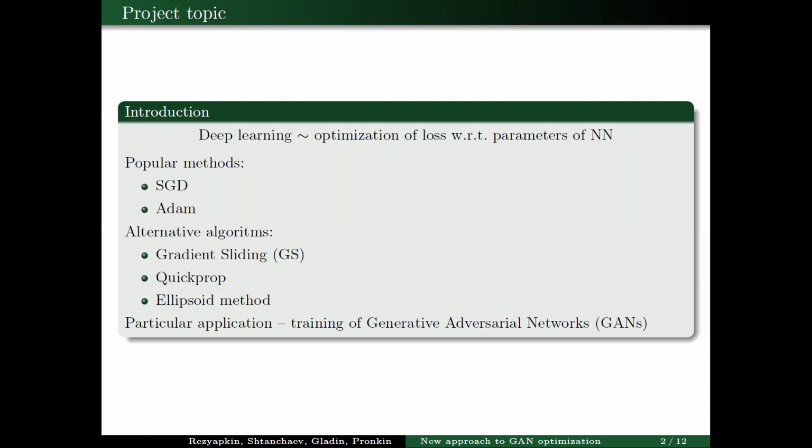In the project, we consider alternative methods for optimization. These are gradient sliding, Quickprop, and Ellipsoid method. And in particular, we try to apply these methods to training generative adversarial networks.